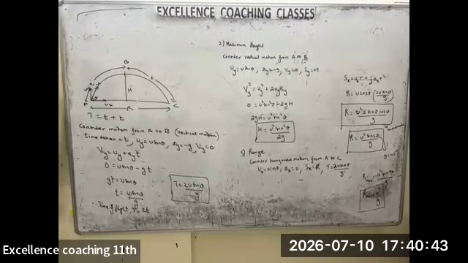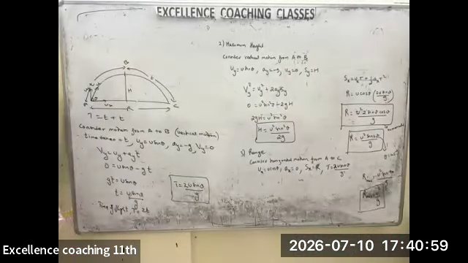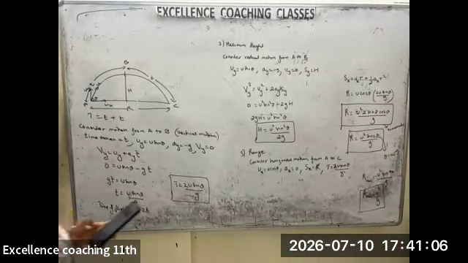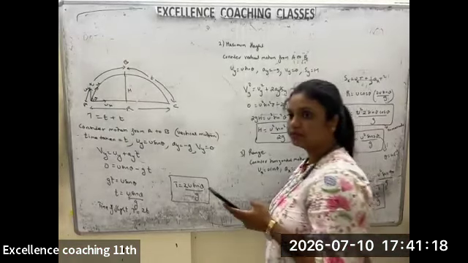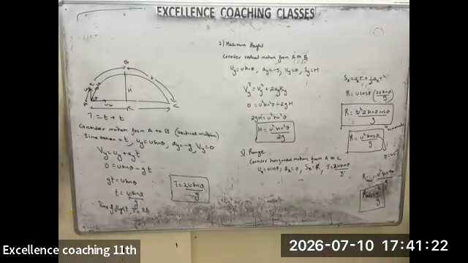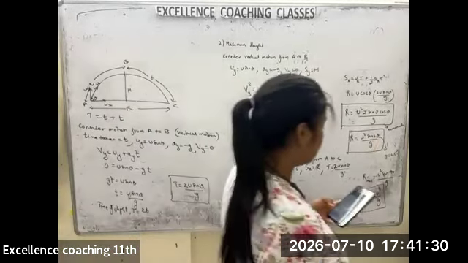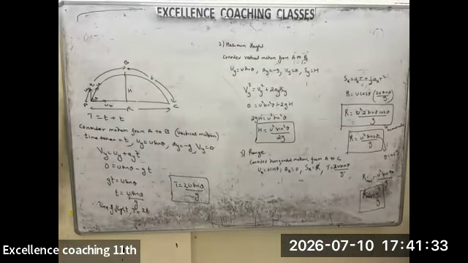Done? I'll give you all one question. Take it down. A ball is thrown with an initial velocity of 20 meter per second in a projectile motion, making an angle of 30 degrees with the horizontal.